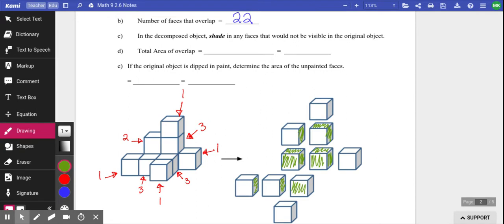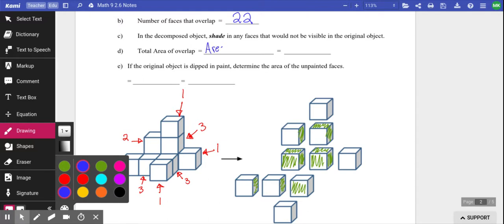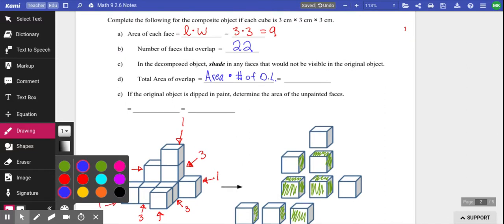If you then wanted to find the total area of the overlap, you need to take the number of sides times the area of one side. So take the area times the number of sides. I put OL for overlap. For us, the area of 1 was 9.